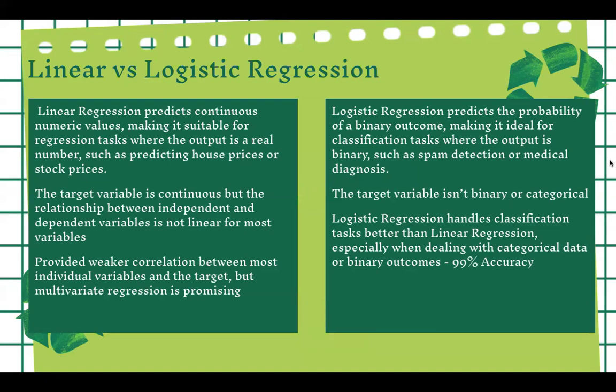However, it's not suitable for classification tasks or when the relationship is nonlinear. The kind of linear relationship that is necessary was mostly absent between our independent variables and the greenhouse gas emissions column, except for two specific variables. But just the fact that our target variable is a continuous one makes it the most ideal option on paper.